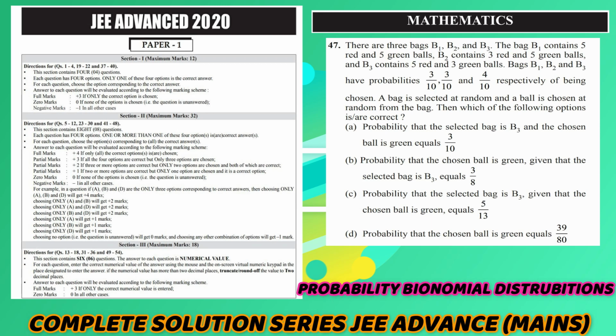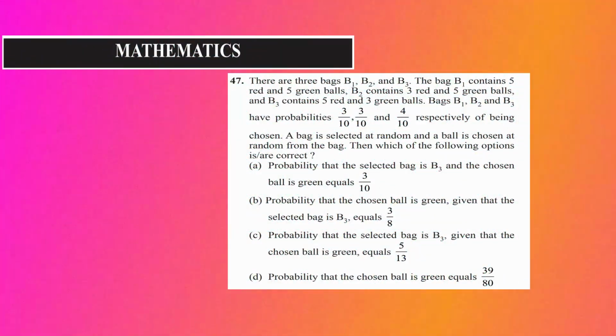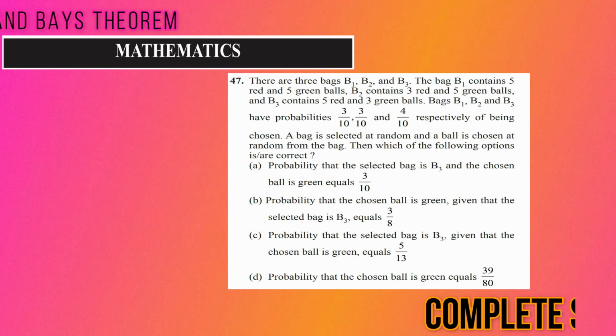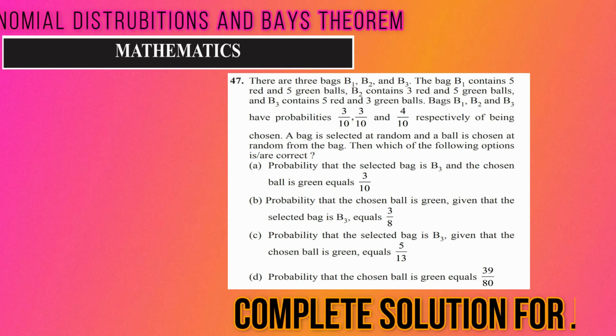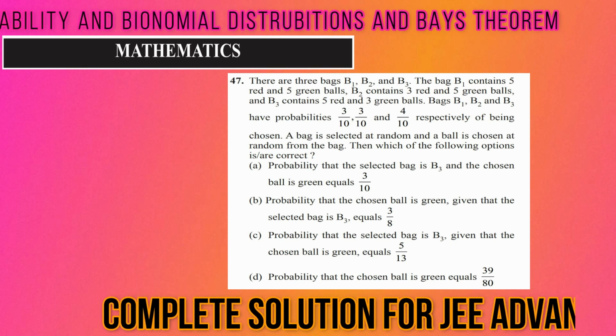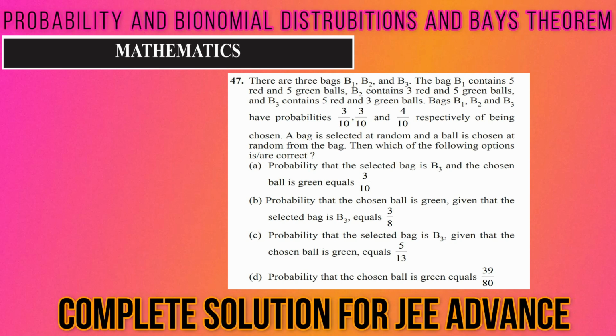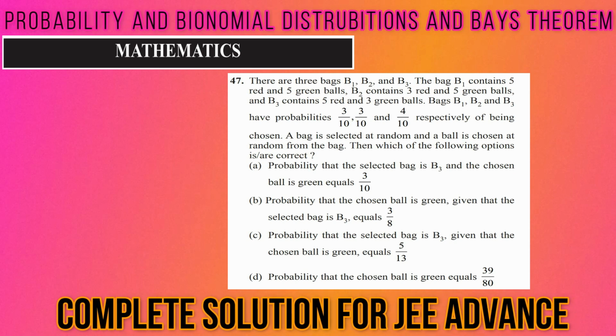First of all, I'm going to explain the question, and then we'll go for a detailed understanding of the solution. Here in our question, we are given three bags: bag B1, bag B2, bag B3. Each bag contains two types of balls, one red and another green. Bag B1 contains 5 red balls and 5 green balls, that means a total of 10 balls.